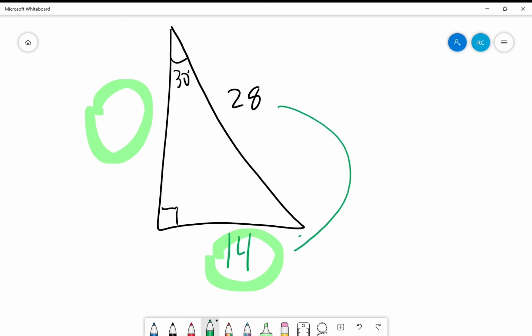Right? To get from here to here, I divided by 2. Or I multiplied by 1/2. They're the same thing. And then, to get from the short leg to the large leg, we need to multiply by the square root of 3.